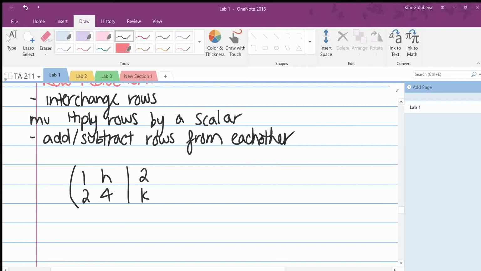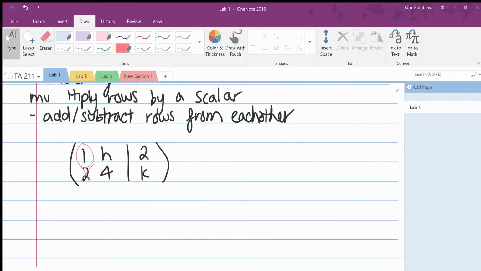So the first step is, for me, I'm going to look for a leading one in the top left corner, or in position 1 1. And yes, it's there. So we're going to use this one to kill everything below it. That's the idea with row reduction: we're trying to clear the columns using that leading one. So everything except for that leading one should be gone.